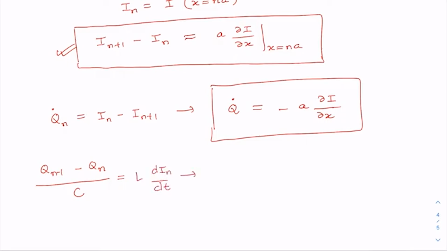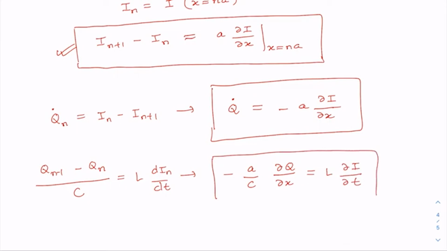This again I can write in the continuum limit as minus a by C del Q by del x is equal to L del I by del t. Okay, I think you are getting the idea here. So these are the equations that I am writing in the continuum limit.